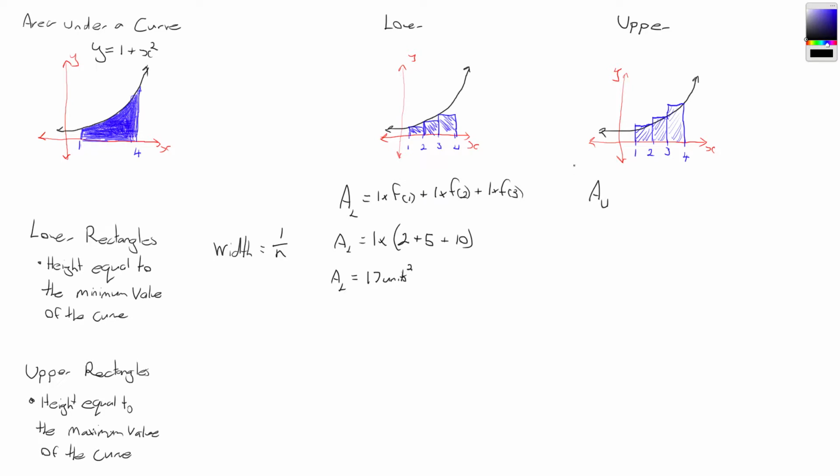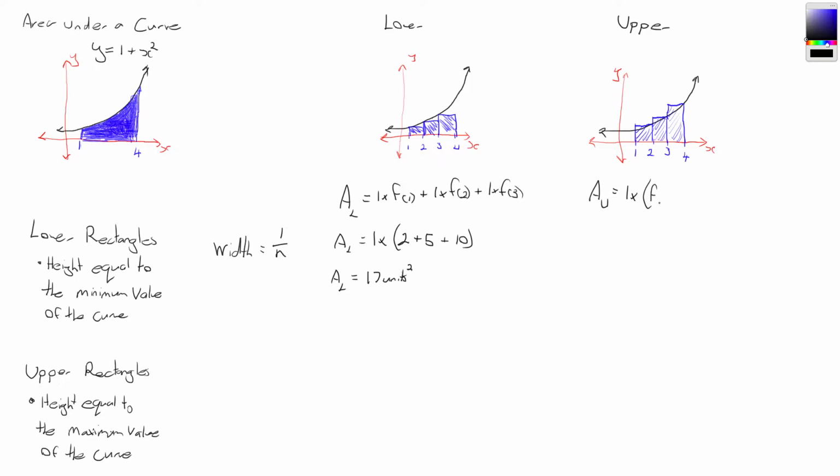What about the upper one here? I'm going to use A with a sub U for it. Because we're still using 1 as our interval width, I'm just going to take 1 times out to start with. So in the first one here, the height is when x is equal to 2.